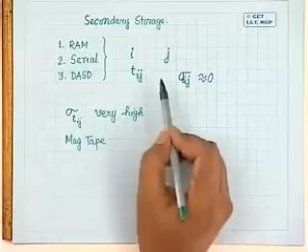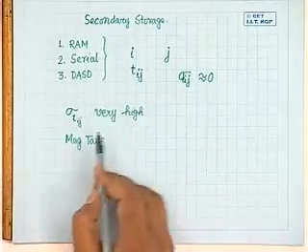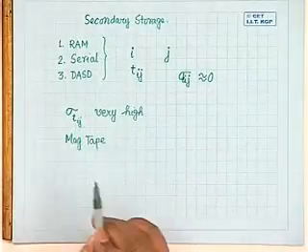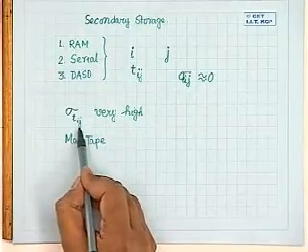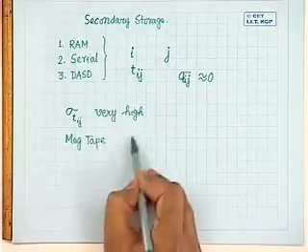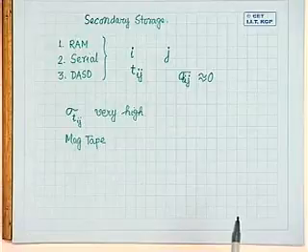But if we want to access the last record in the magnetic tape, in that case the entire tape has to be passed over the read-write head. Then finally you come to the last record only when it can be accessed. So you find that depending upon the relative position or the distance from the ith record to the jth record, the value of Tij will vary widely. So in case of magnetic tape, the variance in Tij, that is sigma Tij, is very high, and this kind of storage devices are called serial access storage devices.